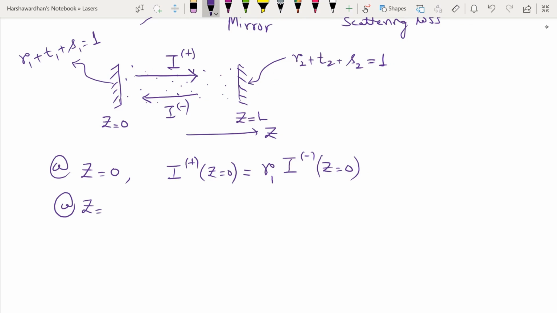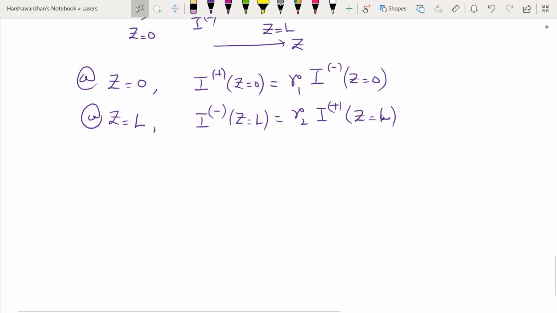Absolutely similarly, I can write down the relations that happen at z equal to L. At z equal to L, what you have is I minus at z equal to L is simply R2 times I plus at z equal to L. Not just that, we have other very interesting relationships.